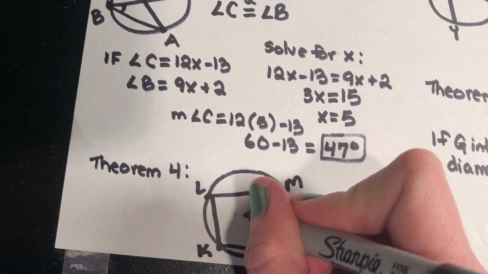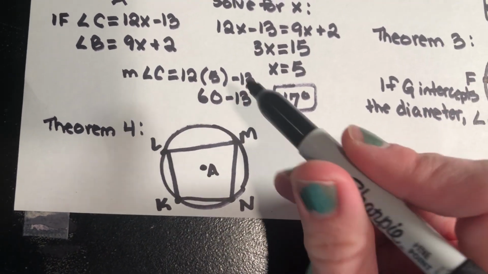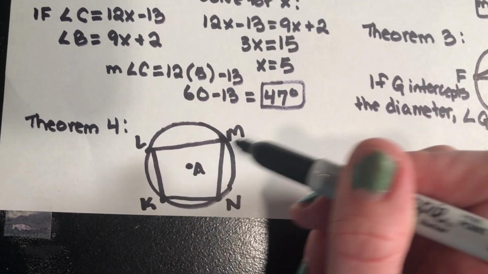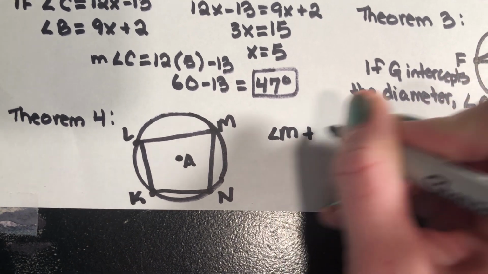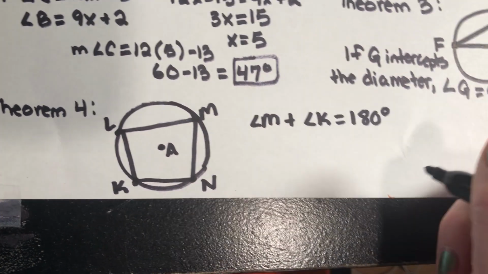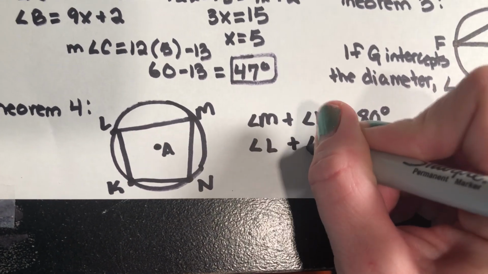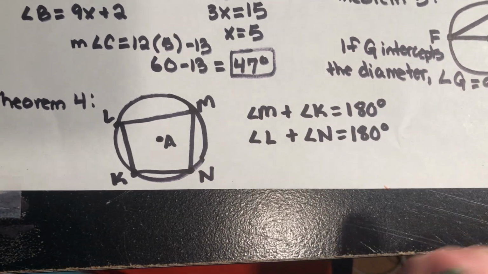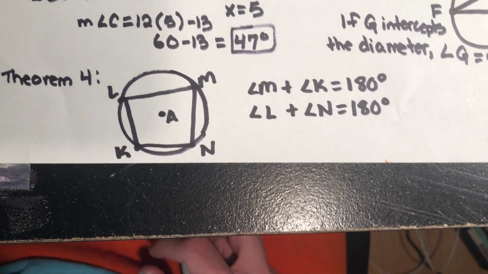And this is circle A. If the quadrilateral is inscribed inside a circle, its opposite angles are supplementary. That means angle M plus angle K equals 180 degrees. It also means angle L plus angle N equals 180 degrees. And so you are able to find angles based on this theorem.